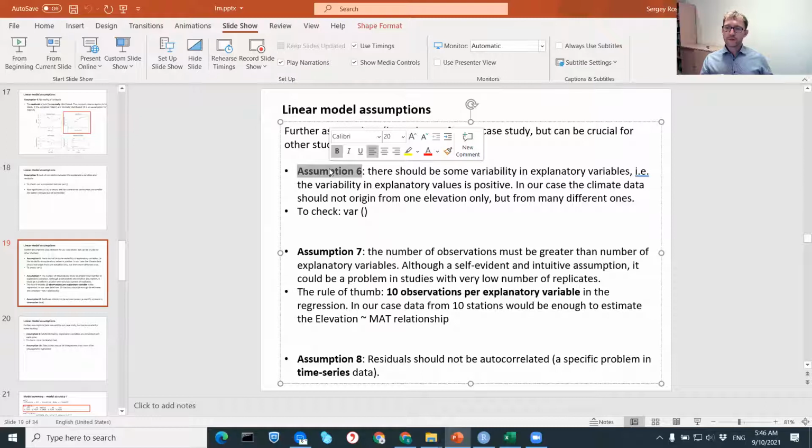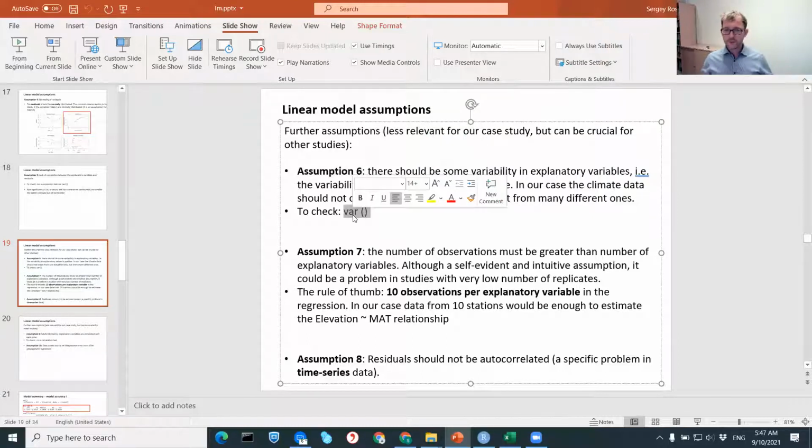Sometimes I help my colleagues to analyze their data, and they say, I suspect that temperature affects my germination pattern. But in this case, we have a temperature gradient which runs from 10 to 12 degrees, which is comparatively short. Of course, there will be some response of seeds to this gradient, but because there is basically no variability in explanatory variables, it will not work. There is a simple function, variation, just to get an idea how large this variability is.